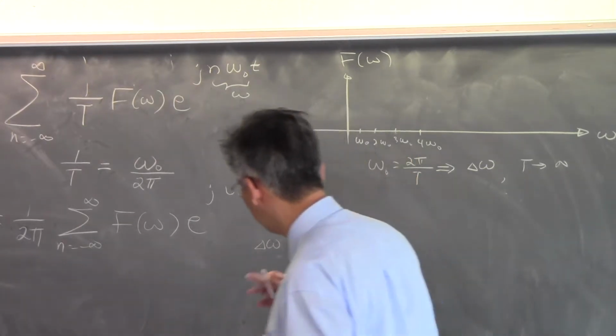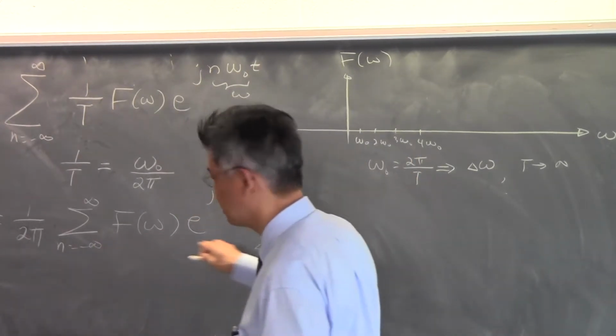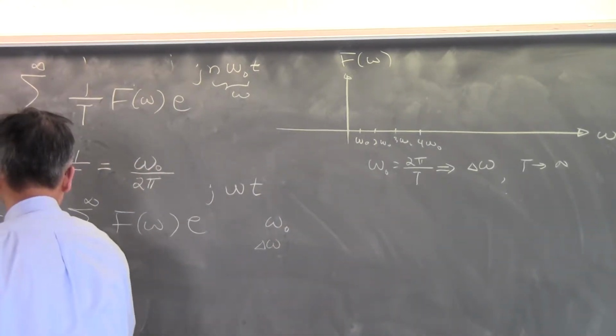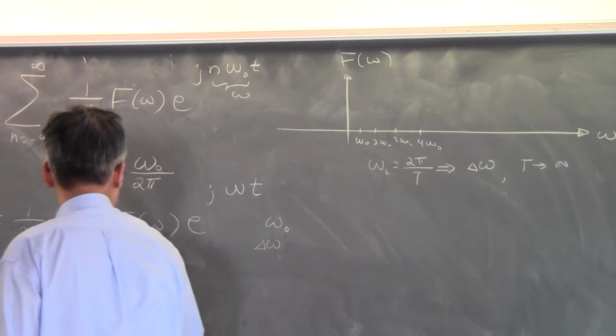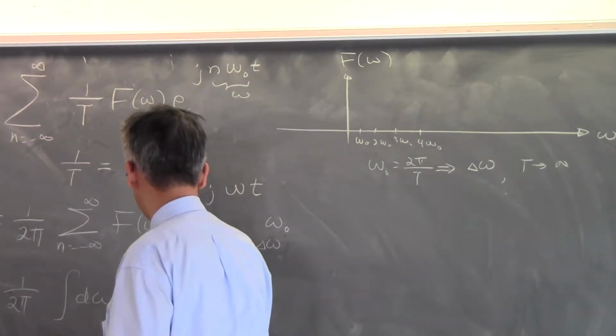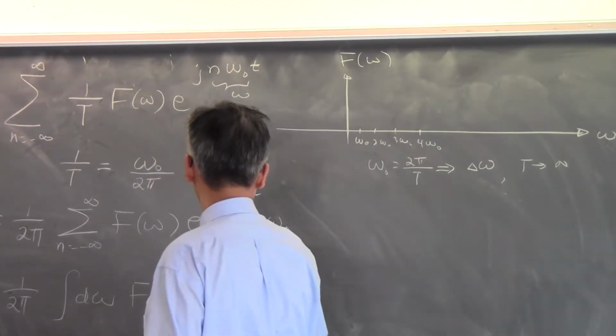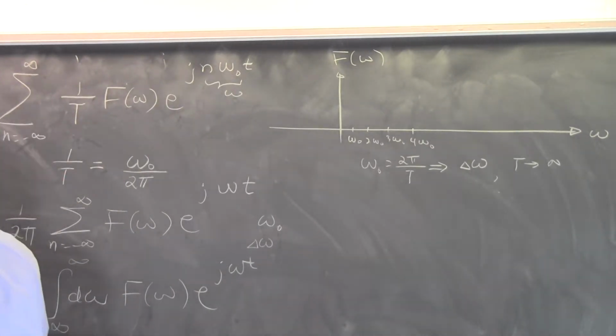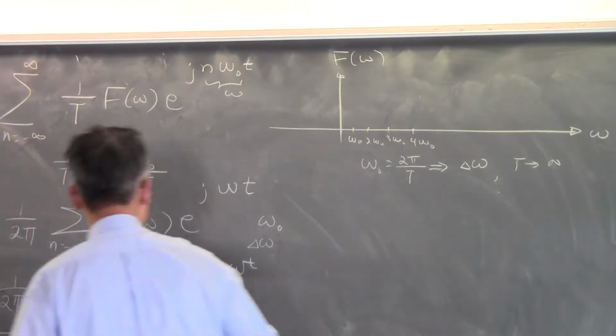If it is likened to a delta omega, essentially you convert this summation into an integral, and hence you can write this, delta omega is d omega, f of omega e to the j omega t. And this is the second relationship in Fourier transform.